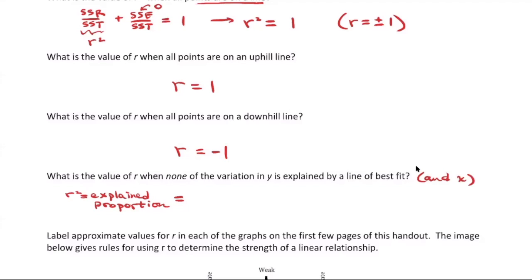None of it's explained. So that means that the explained proportion would be 0. Any questions? Okay, so if the explained proportion is 0, then R squared is 0, which means that R must be 0. Any questions?